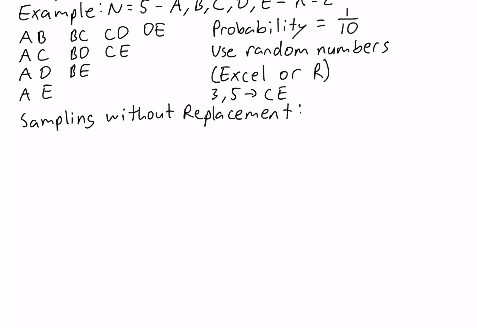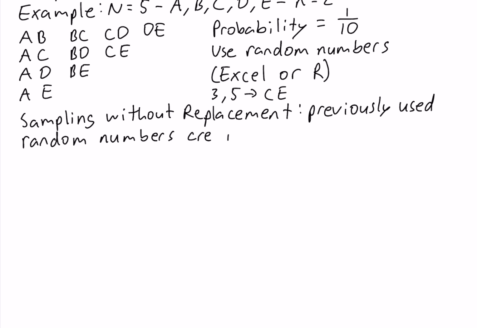Sampling without replacement means that previously used random numbers are ignored. So for example, say that the first random number we generated was 3, and the second random number we generated was also 3.